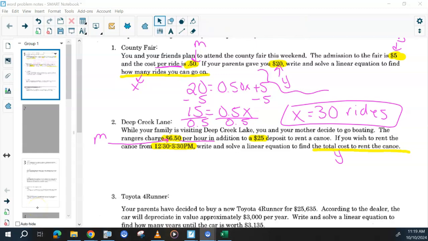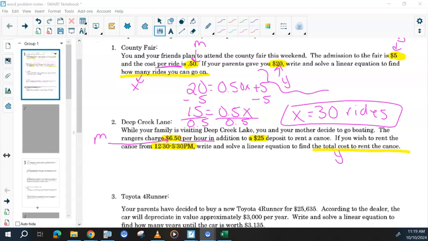In these problems, since we're looking for the total, y is always your total, that would be our y. That's what we don't know. So then what would the other 2 numbers represent? 25 is x.